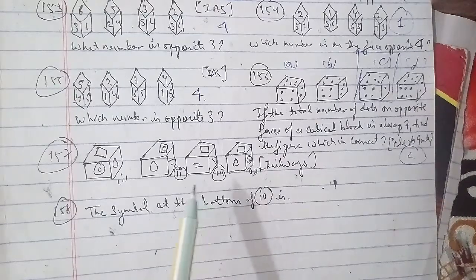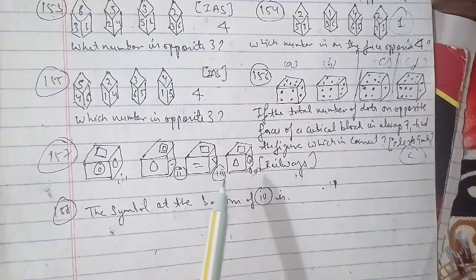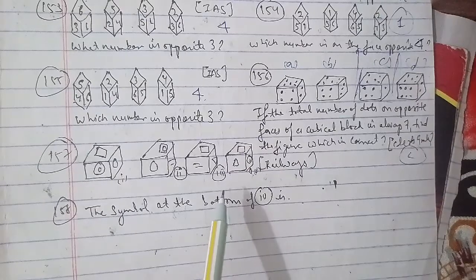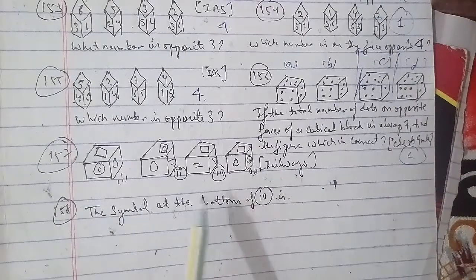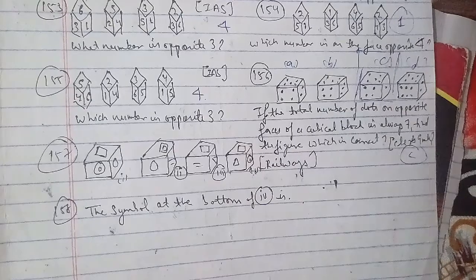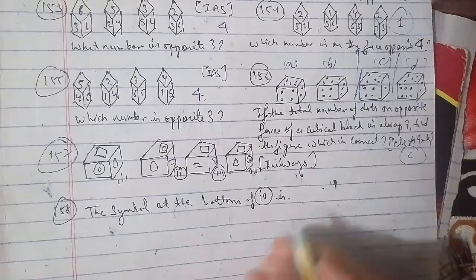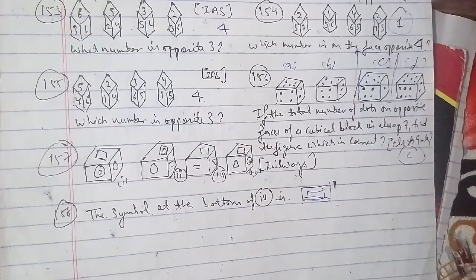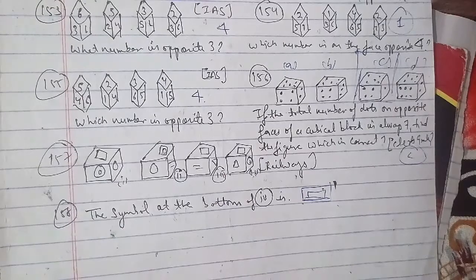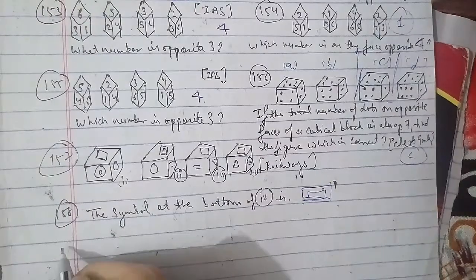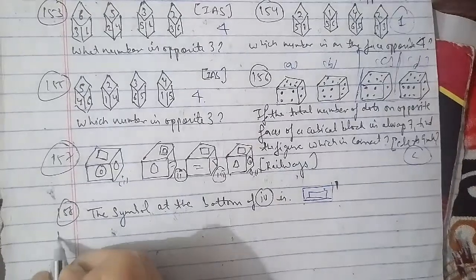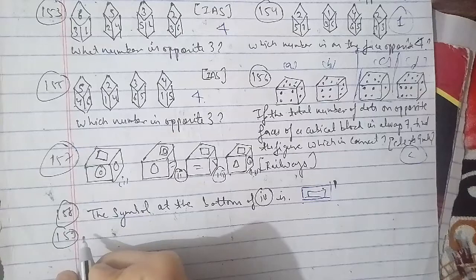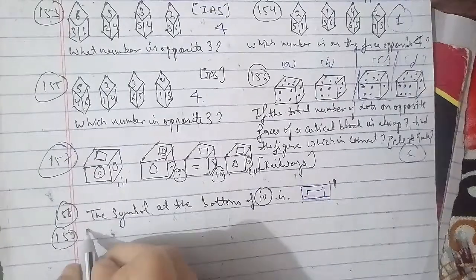The options here are circle, triangle, double circled and rectangle as well. That is what we have to find out.